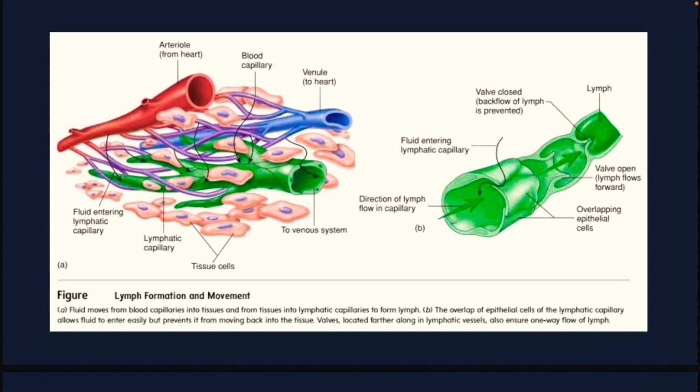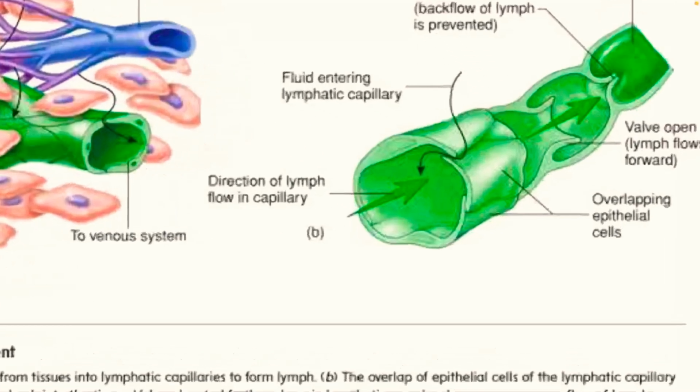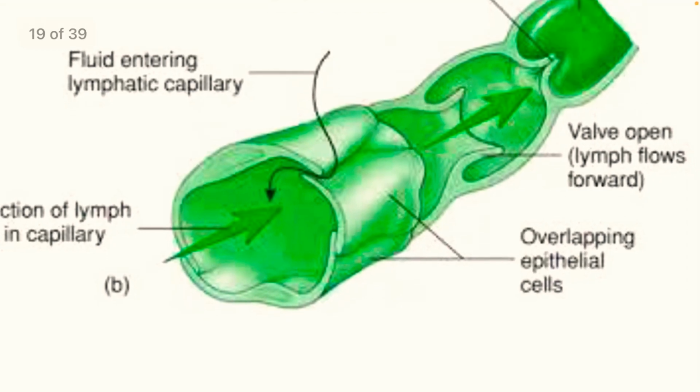So the excess fluid in the blood capillaries, when it goes into our lymphatic capillaries, forms lymph. The overlap of epithelial cells of the lymphatic capillary allows fluid to enter easily and prevents it from moving back to the tissue.